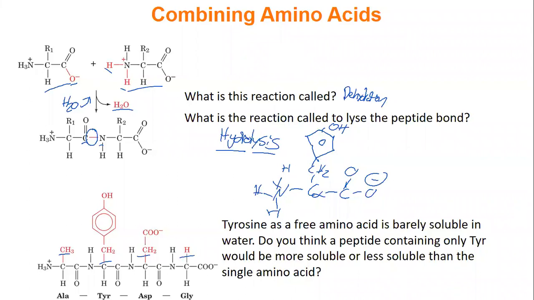"I think the peptide would be more soluble." "Would it be less soluble because there is more hydrophobicity?" Okay, so we have two more soluble, one less soluble. And don't ever be afraid of being wrong.